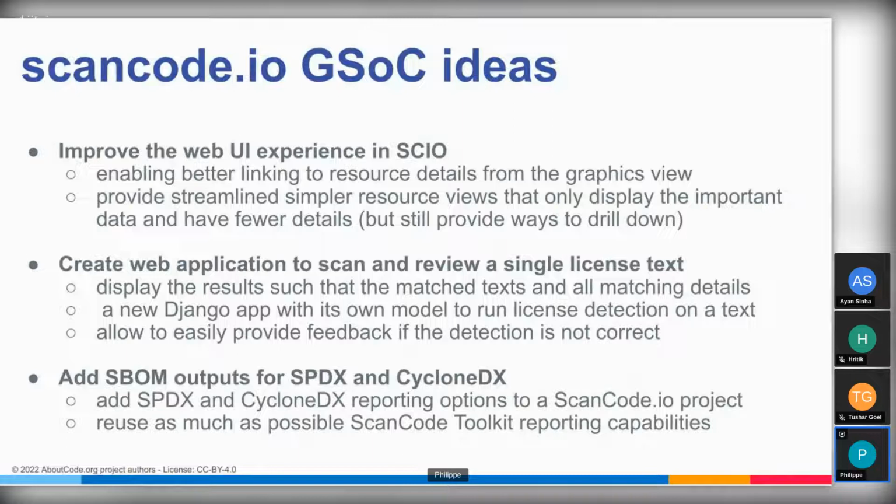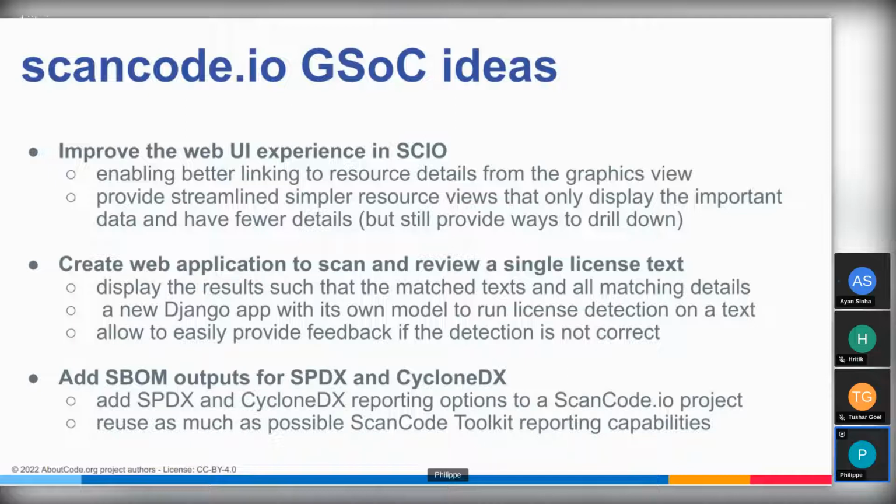So what we are thinking about scancode.io, there's a project to improve the web UI experience. So now we have details on scanning, overview on what licenses, packages, etc. are detected, and some view for a list of all the resources.